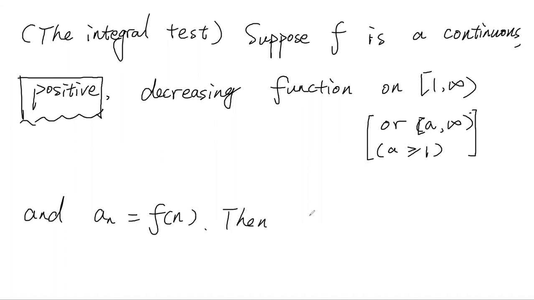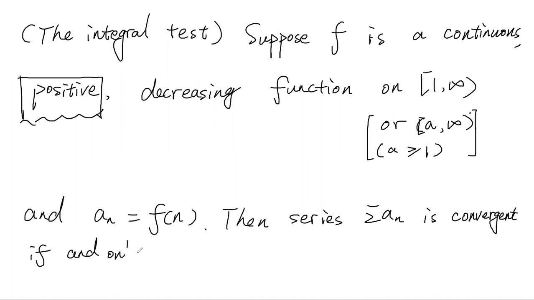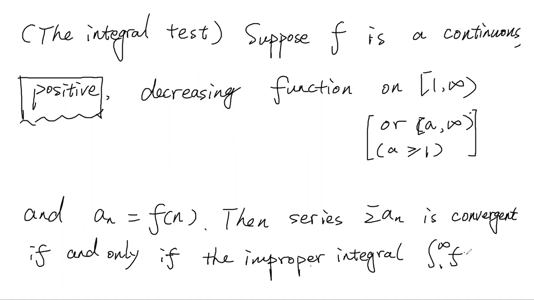Then the series, the sum of a_n, converges if and only if the improper integral converges. The integral from 1 to infinity of f of x dx converges.